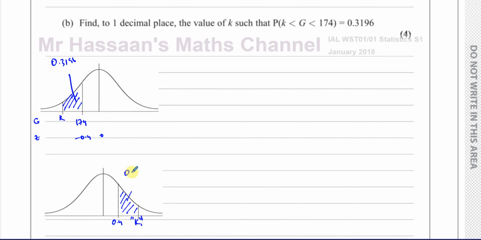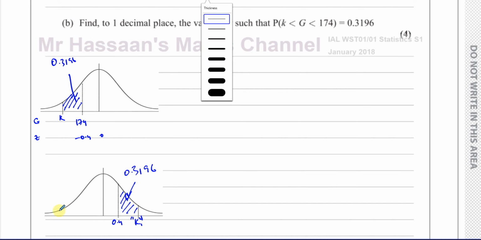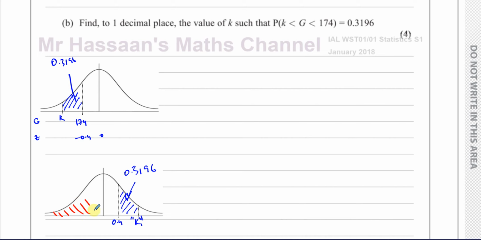So this area is 0.3196. That's the area there. Now I know the area that's less than 0.4, from there all the way to 0.4, we already worked out in the last part of the question.